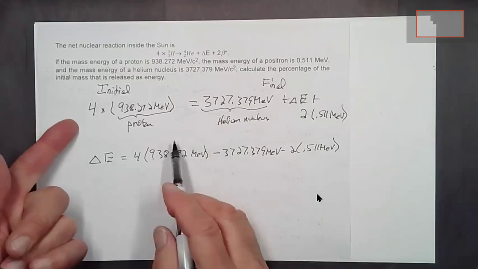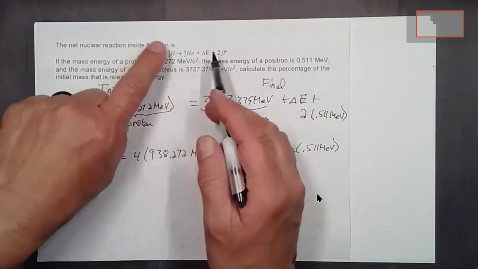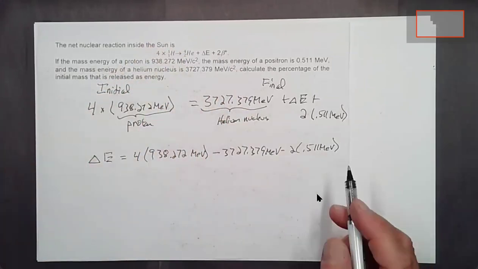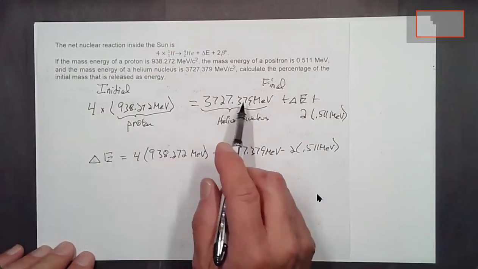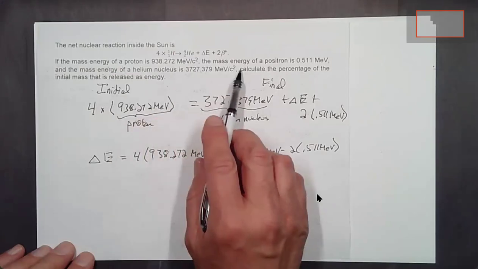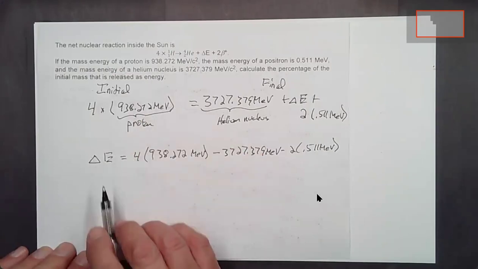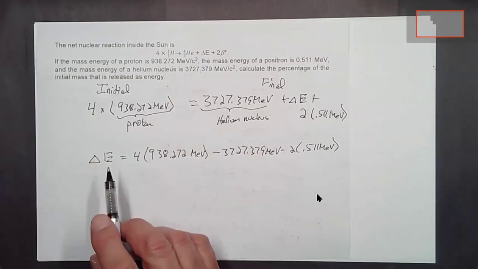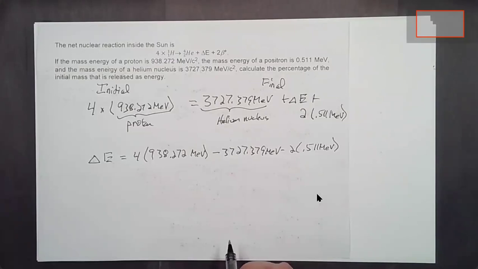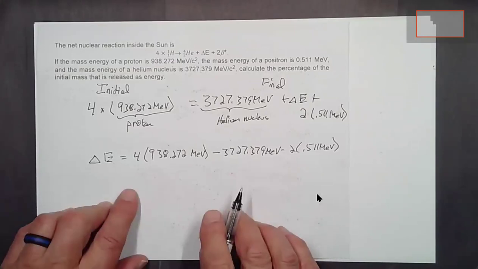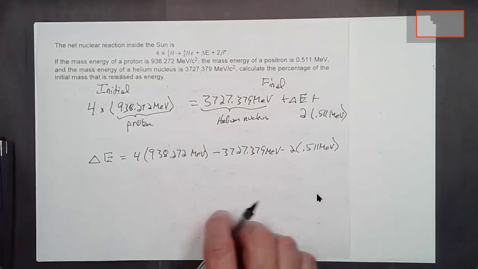So this is just a conservation of energy expression for what we start with and what we end up with. And we can figure out how much energy there is left over. And then we'll calculate the percentage of the initial mass that is released as energy. So we can think of this delta E as equal some missing mass times c squared. It's actually what we can think of it as. In fact, that's what all of these things are. So, time to plug this into a calculator.